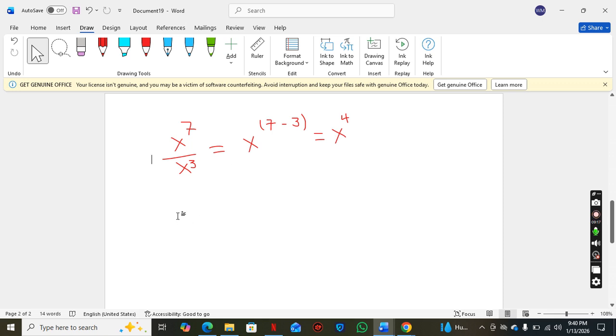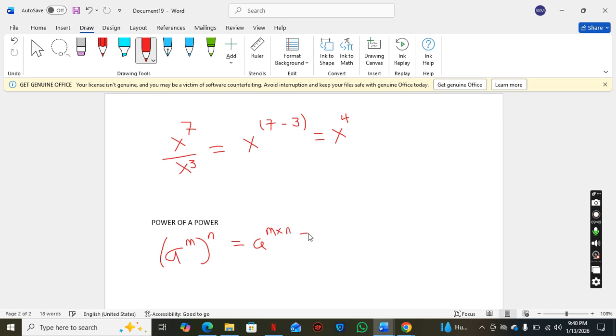Next, we're going to look at the power of a power rule. Here, if you have a to the power m raised to the power n, it's the same as a to the power m multiplied by n.